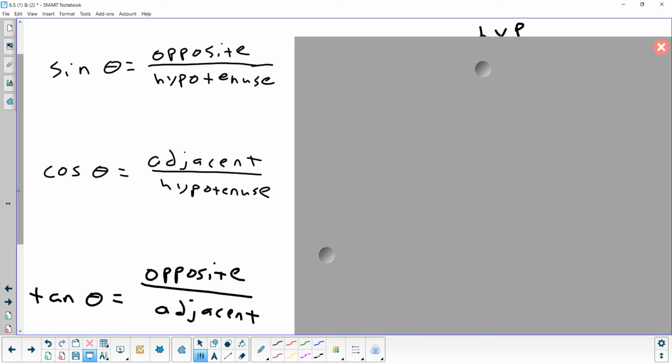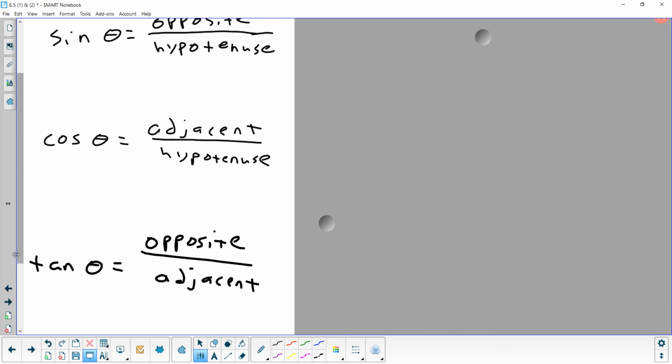So sine is defined to be the length of the opposite side in the triangle divided by the length of the hypotenuse. Cosine is defined to be the length of the adjacent side in the triangle divided by the hypotenuse. And tangent is defined to be the length of the opposite side over the length of the adjacent side.